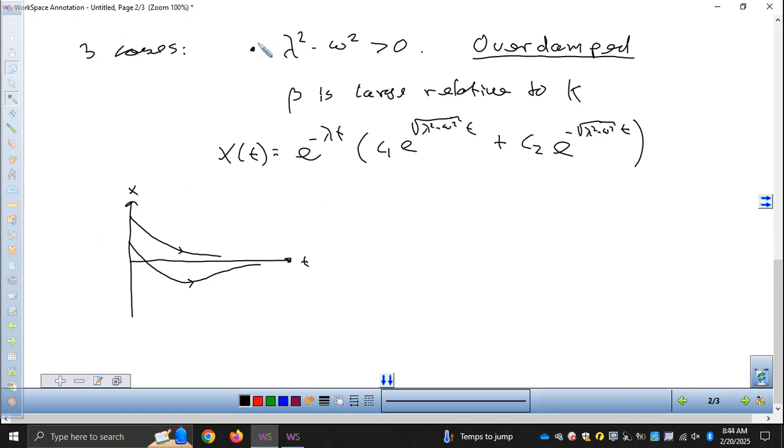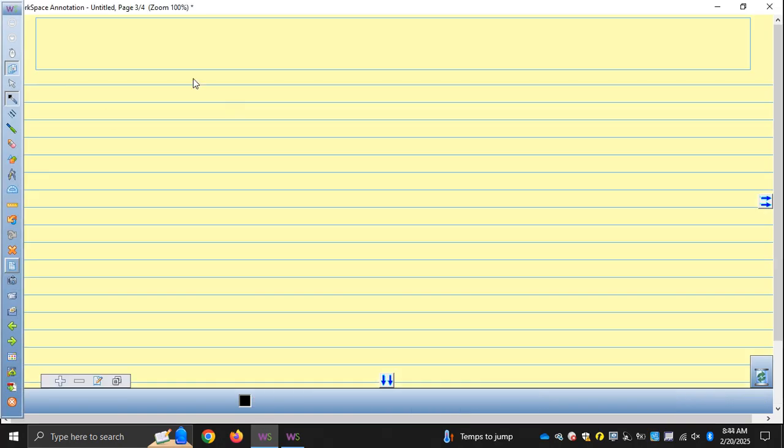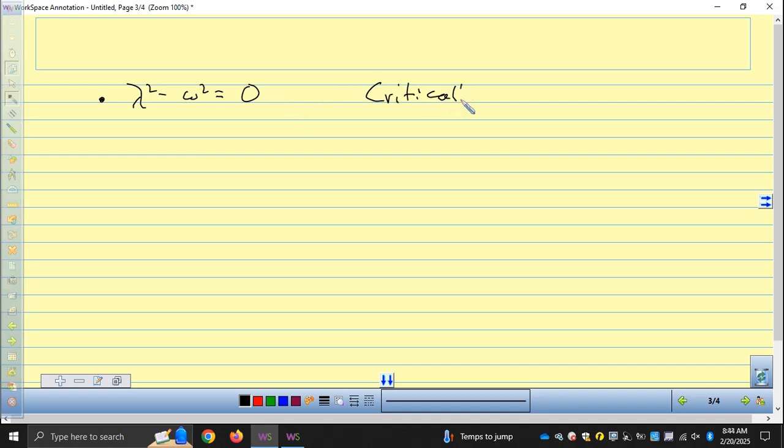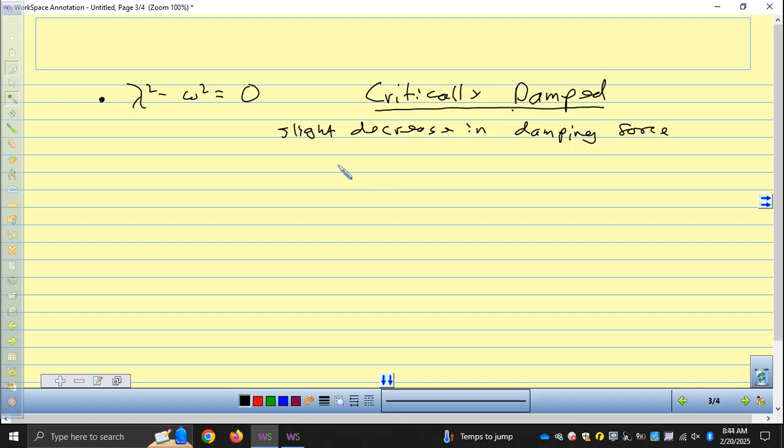The next case is when lambda squared minus omega squared equals 0. We call this critically damped. In this case, a slight decrease in damping force would result in oscillation.